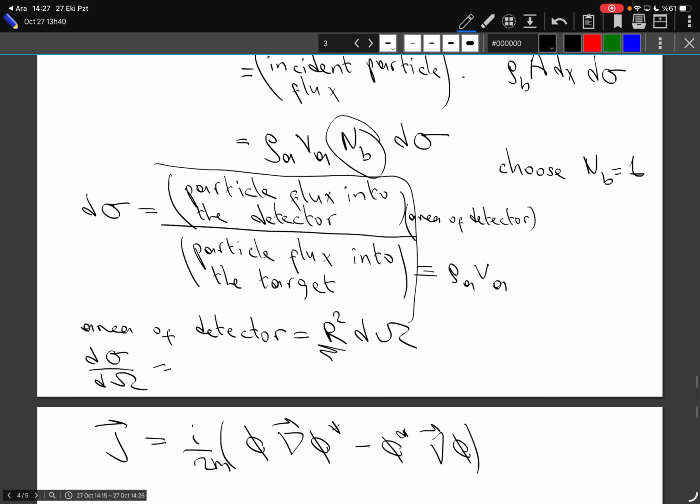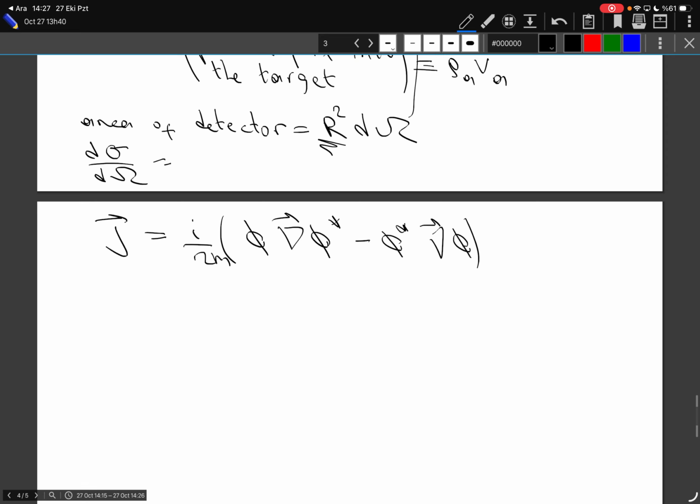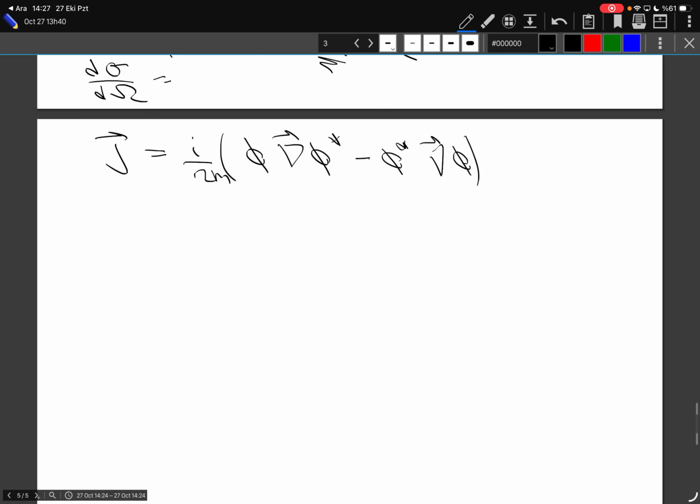So we will be calculating the probabilities. Now, we can do this computation in a time-independent framework. That is basically what we had done in the last few weeks.